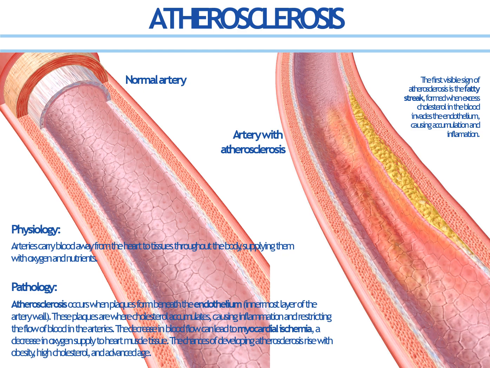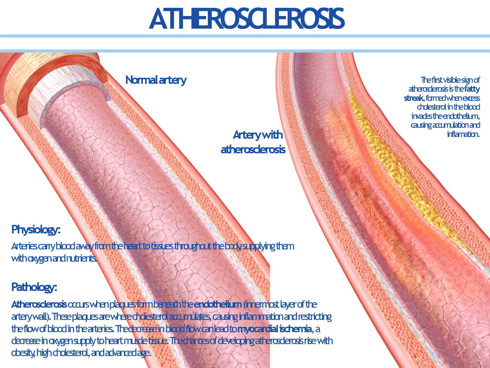These plaques are where cholesterol accumulates, causing inflammation and restricting the flow of blood in the arteries. The decrease in blood flow can lead to myocardial ischemia, a decrease in oxygen supply to heart muscle tissue.